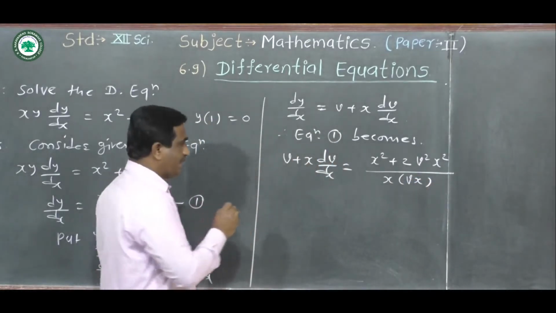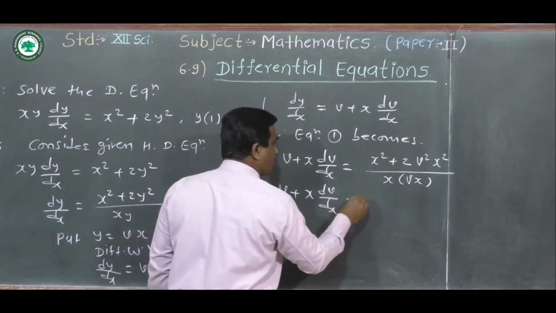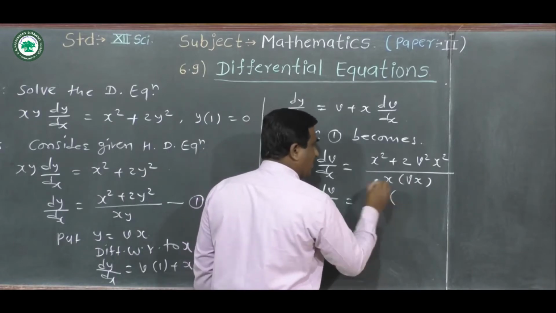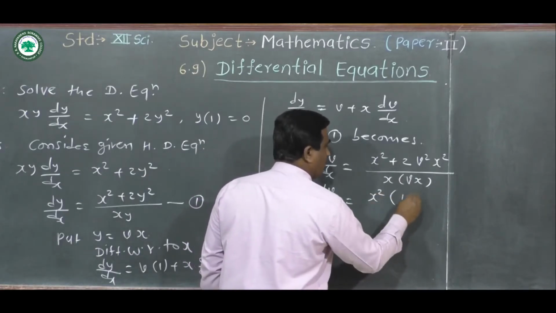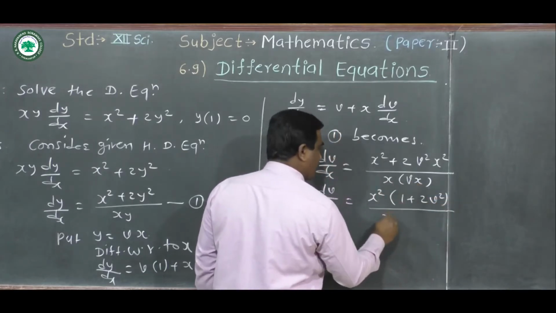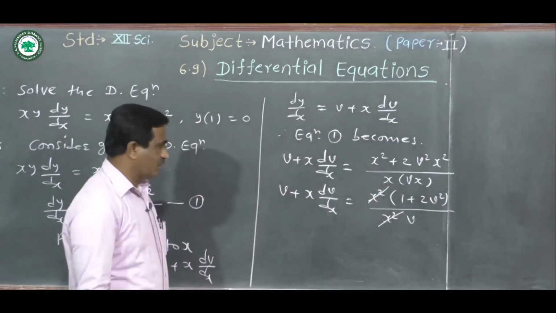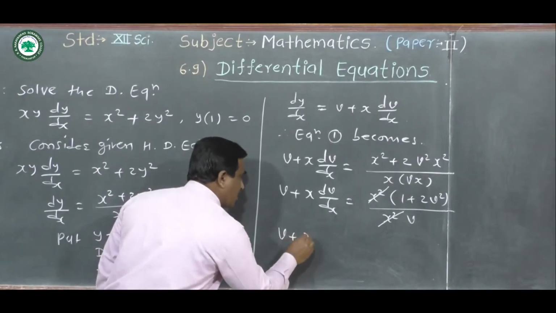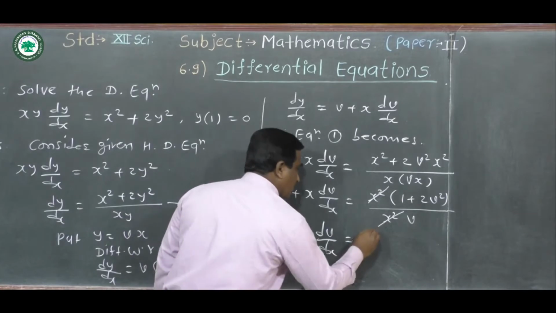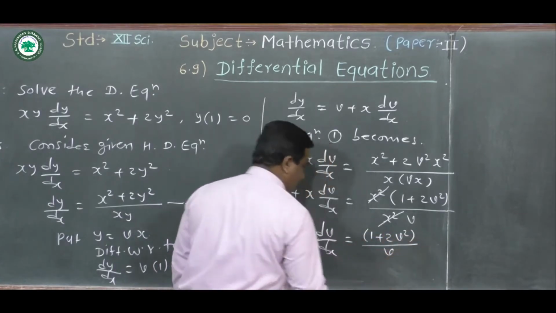Okay, that is v plus x into dv by dx is equal to, we can take x square common at the numerator, x square into in bracket 1 plus 2v square upon x into x square into v. Now this x square upon x square cancel, remains only v plus x into dv by dx is equal to 1 plus 2v square upon v.